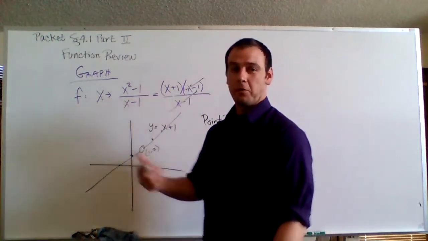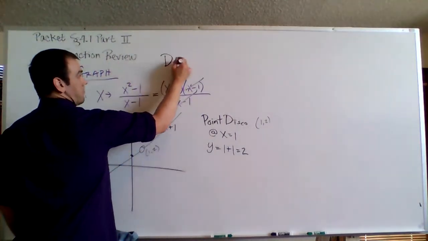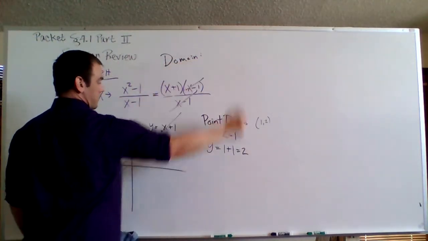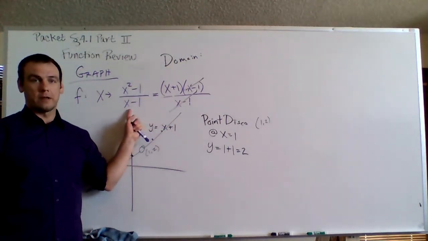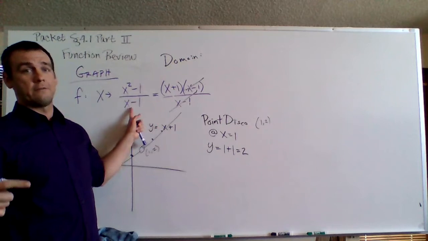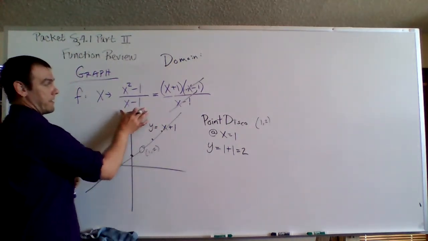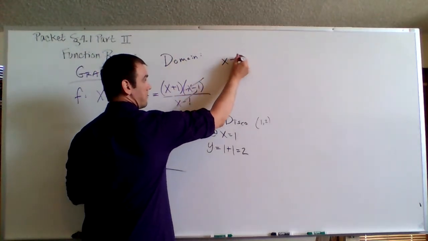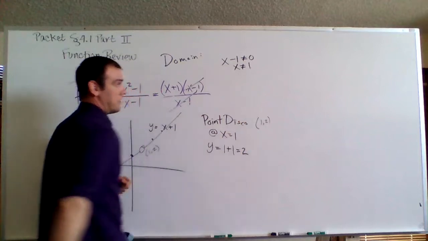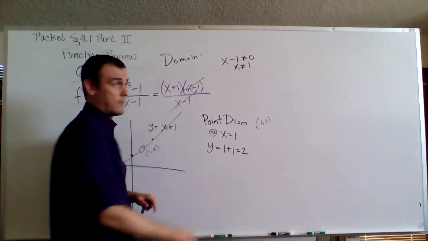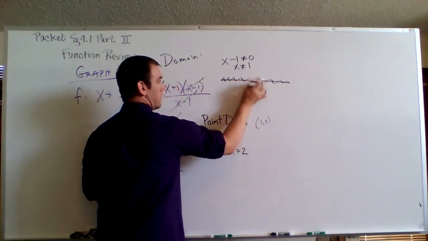All right, well, we still want you guys to do domain and range on this. So my domain is going to be all my x values. Okay. You could go back to finding this algebraically, right? We don't have any logarithms. We don't have any square roots. We do have a denominator. I would set that denominator not equal to 0, which means x does not equal 1, which if you were to do that on a number line, you would be including everything except for 1.